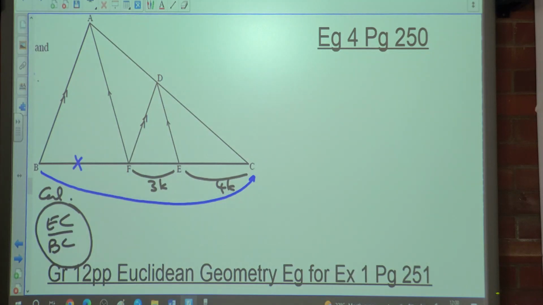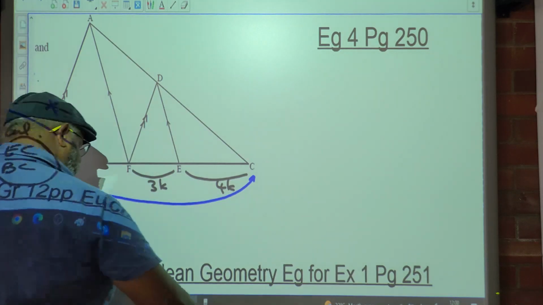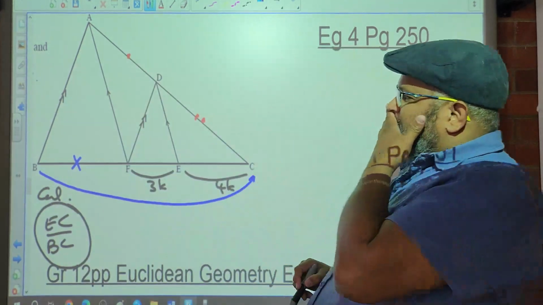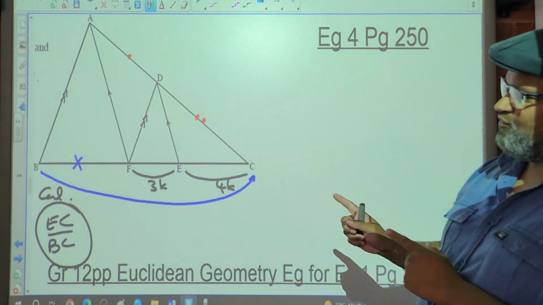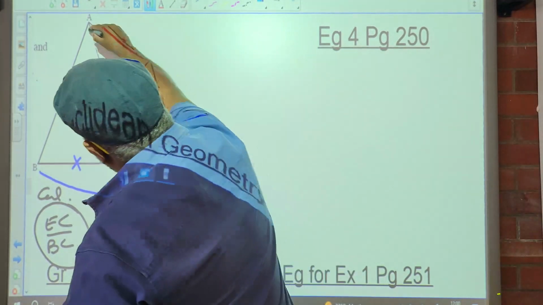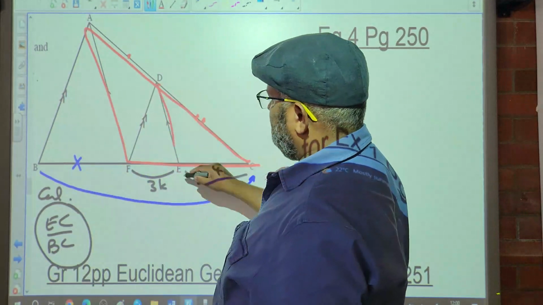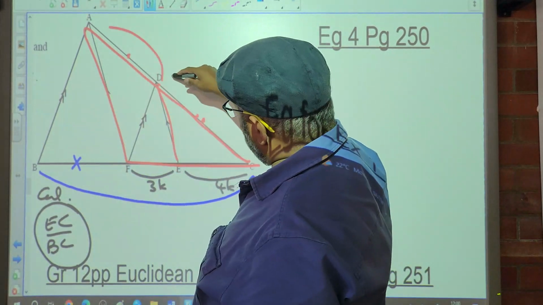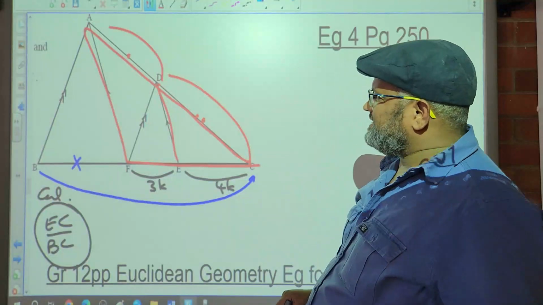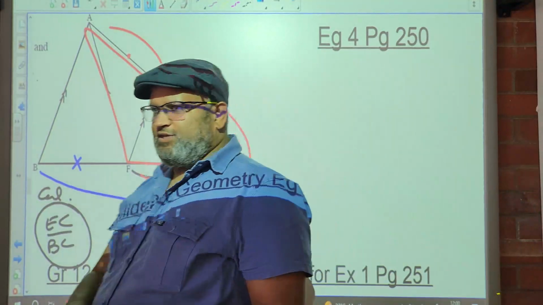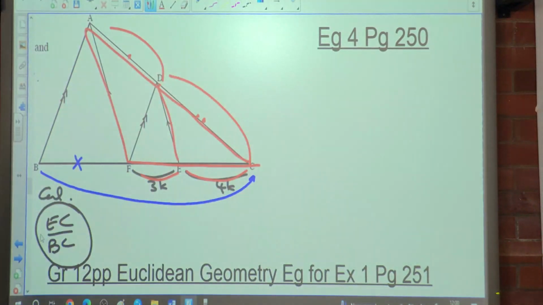No. So in other words, I must calculate this as well. Now is there a ratio for that? If you look here, I know AD over DC is equal to FE over EC. Can you see that, people? And there I have the ratio at the bottom.